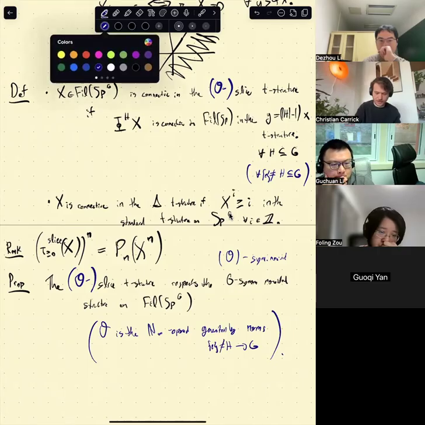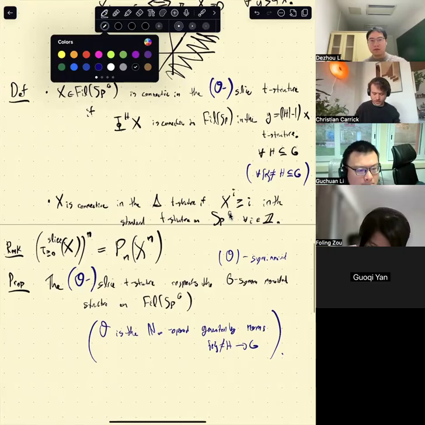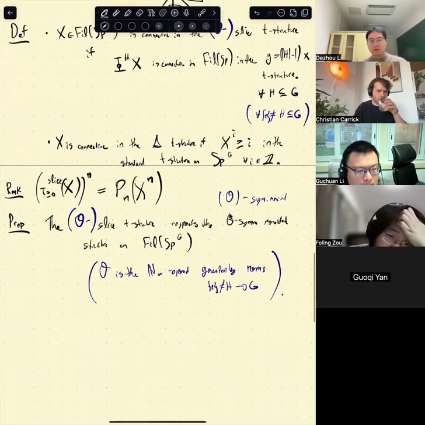So there's also a version of G symmetric monoidal categories where you don't have all the norms, just the norms indexed by a particular N infinity operad. And in that world, this O slice T structure is compatible with that structure.